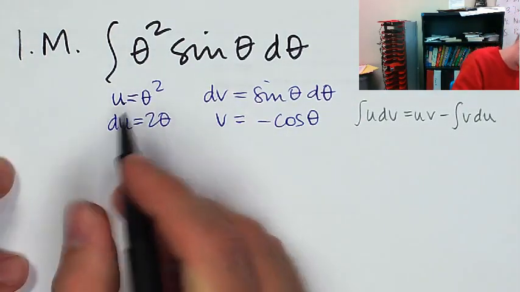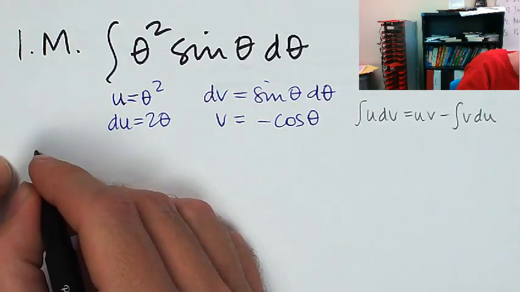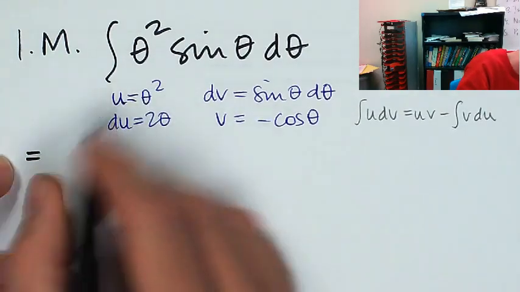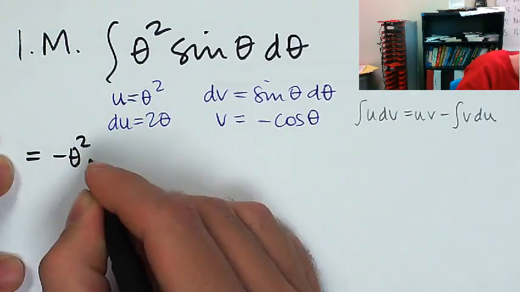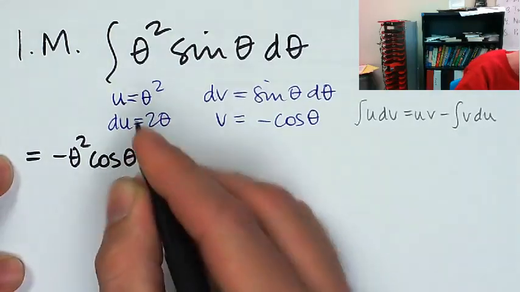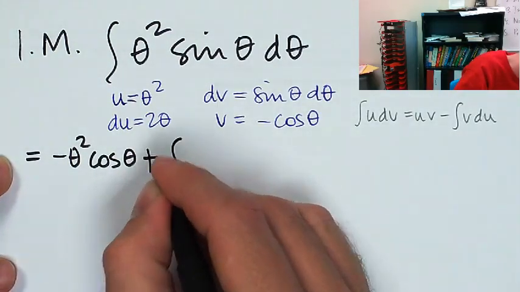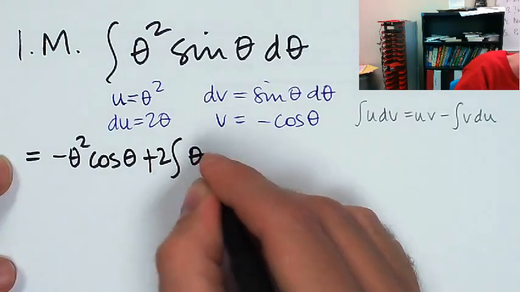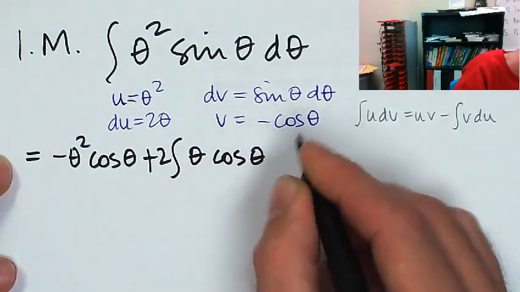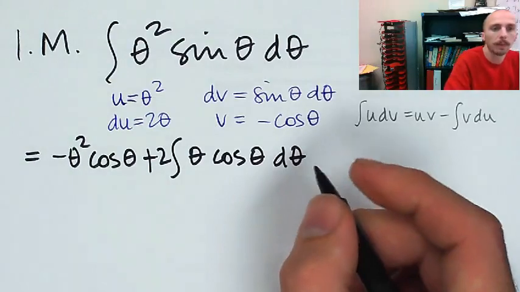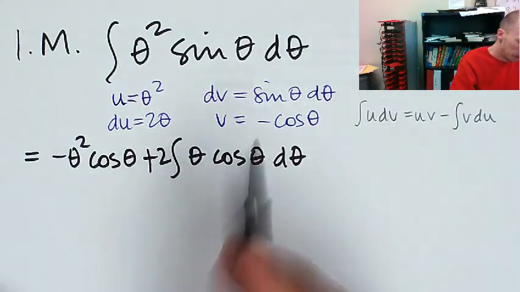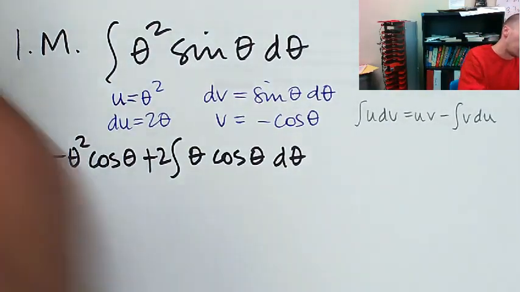So, yeah, this is becoming uv, so negative theta squared cosine theta, minus the integral of v du, so it becomes plus 2 theta cosine theta d theta. And this is going to require another integration by parts.